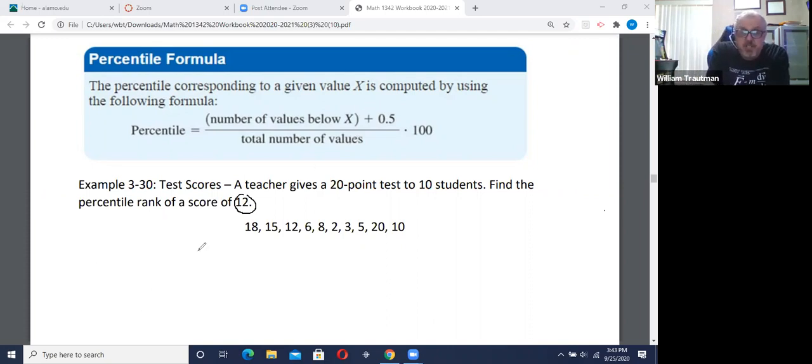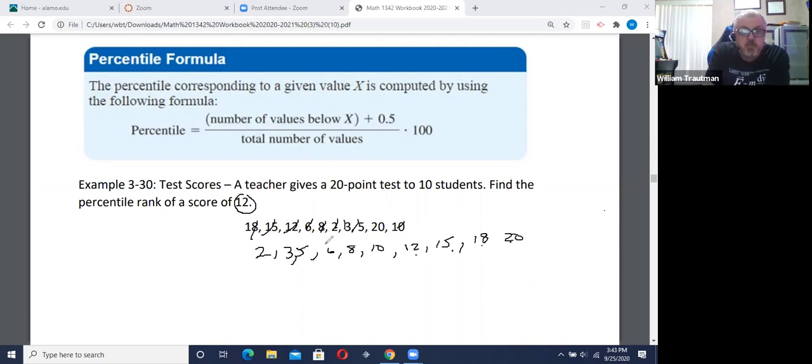Well, the easiest way to do this, first of all, is put these scores in order: 2, 3, 5, 6, 8, 10, 12, 15, 18, and 20. There should be 10 scores here. 1, 2, 3, 4, 5, 6, 7, 8, 9, 10.